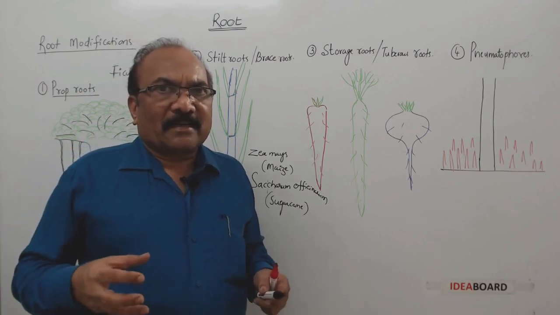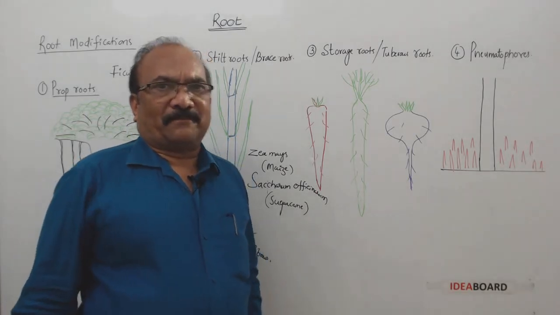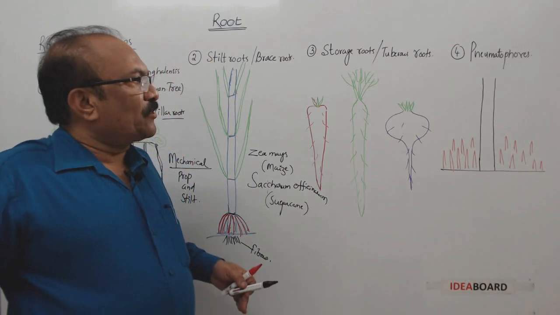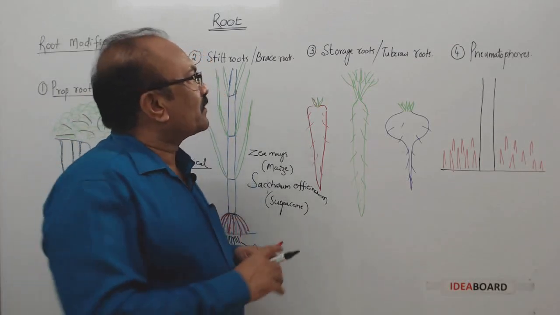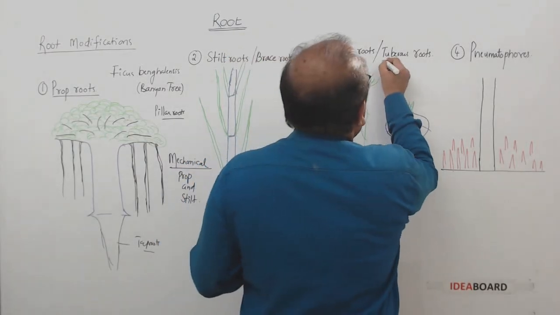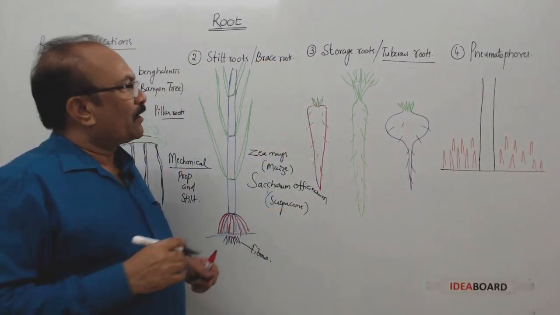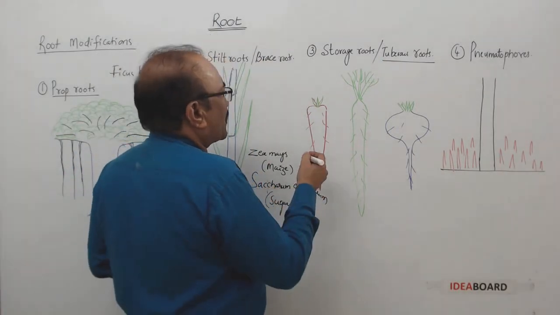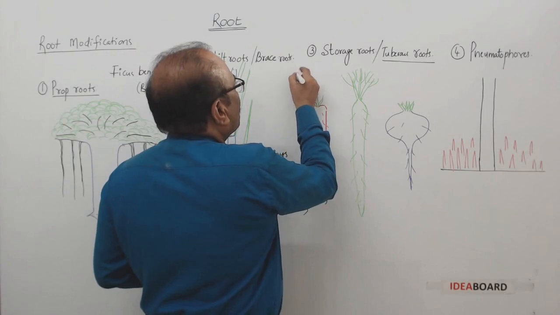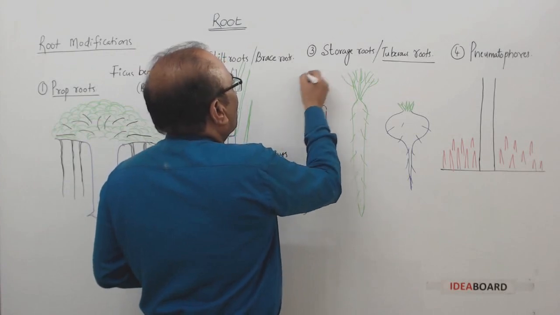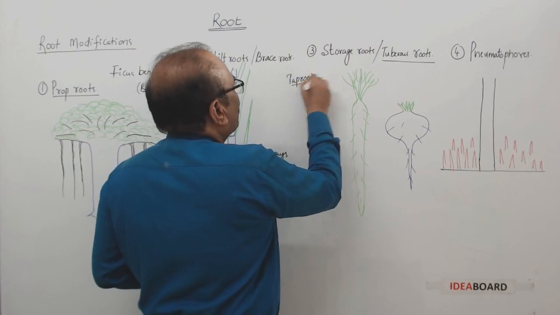But here, as food is stored in excess amount, the shape changes, so the other name for these roots is tuberous roots. The best examples are taproot modifications, the storage taproots.